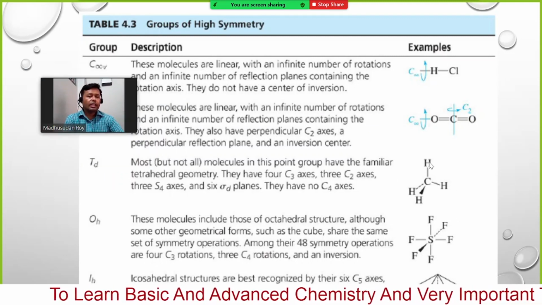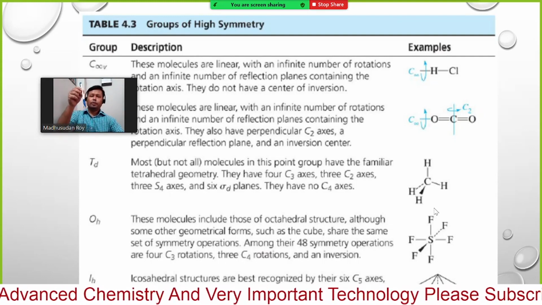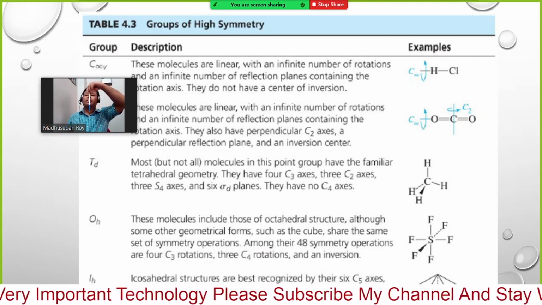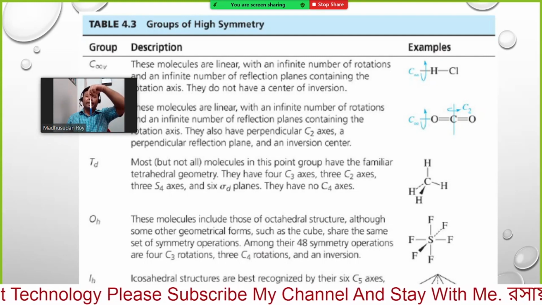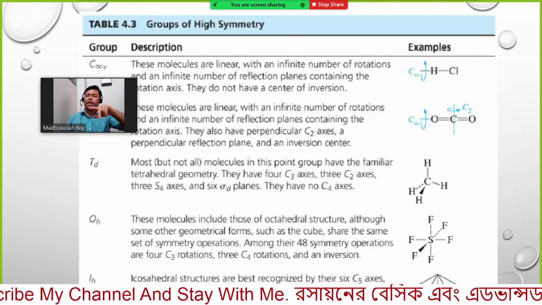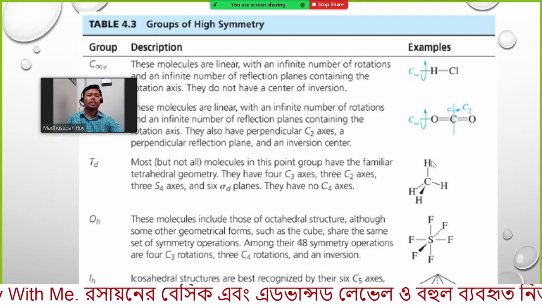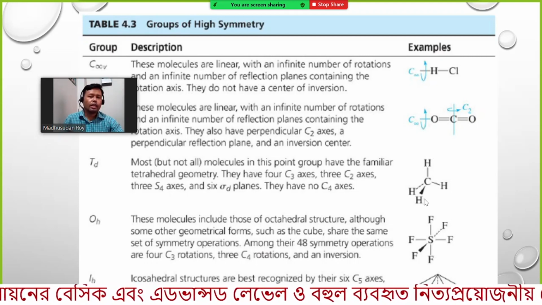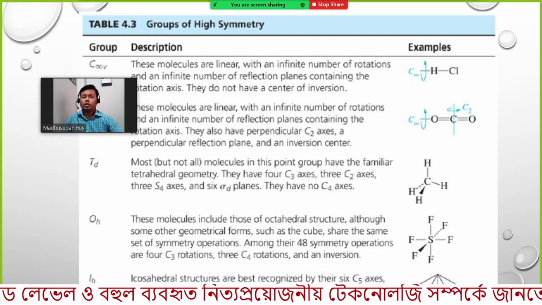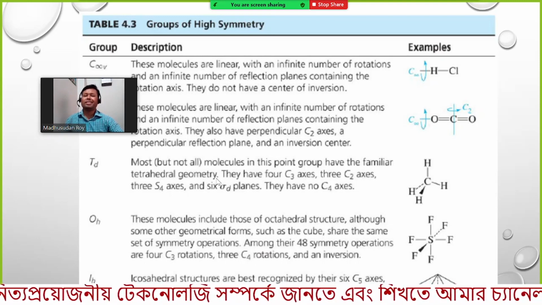If you consider this hydrogen-carbon as an axis, you can rotate by 120 degree and get exactly the same structure, about this hydrogen-carbon axis, or any of the other hydrogen-carbon axes.